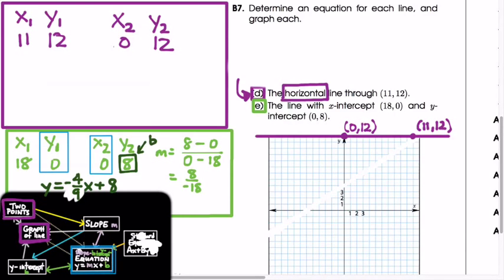So follow the yellow brick road. What's the slope of this line? To find the slope, you'll subtract the y values, you'll subtract the x values, and then you'll divide those results. My denominator here is negative 11, my numerator is 0. What do I get when I divide 0 by negative 11?